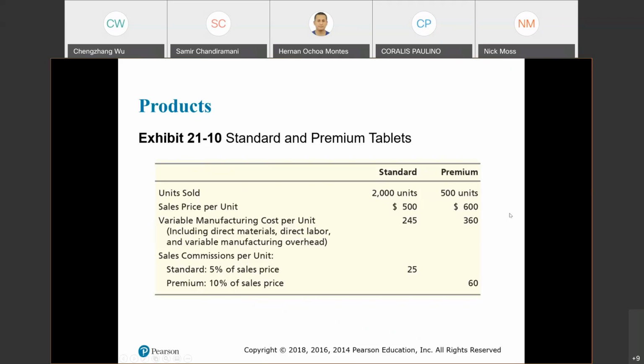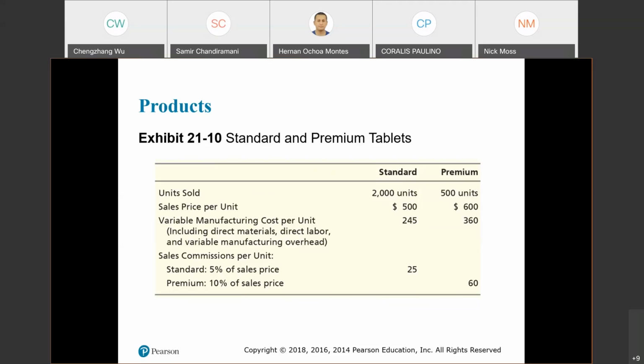For the standard model, the sales commission is 5% of sales price. And as I said, the premium model is a more advanced and newer product, so the sales commission of the premium model has a larger percentage of the sales price, that is 10% of sales price.